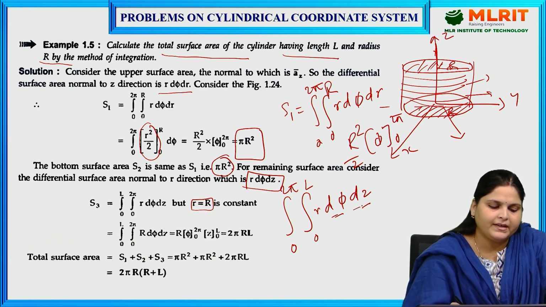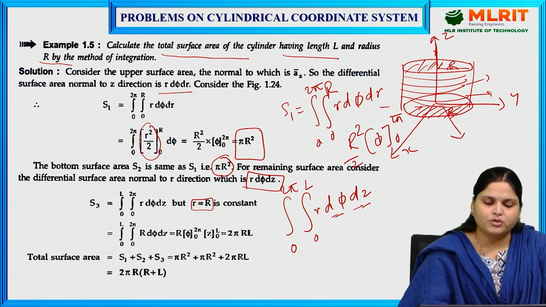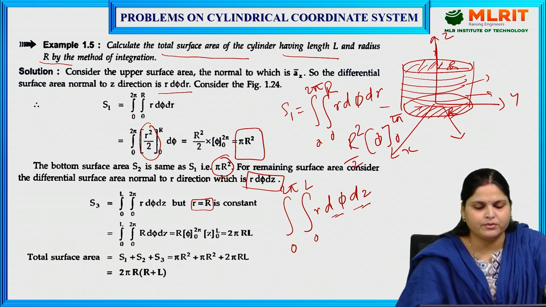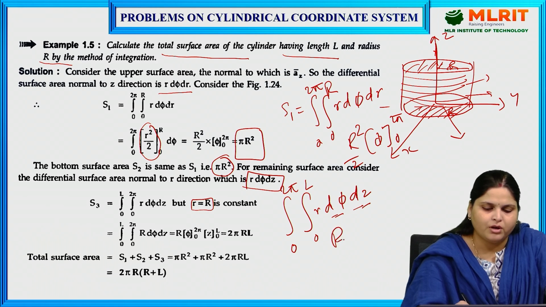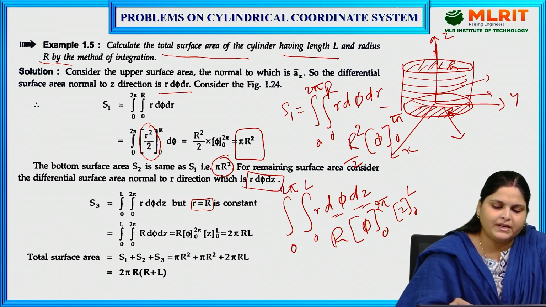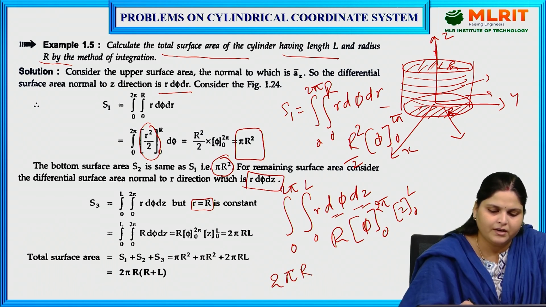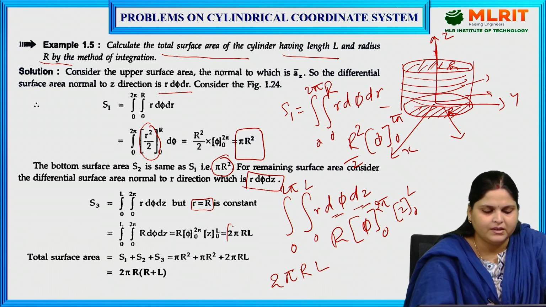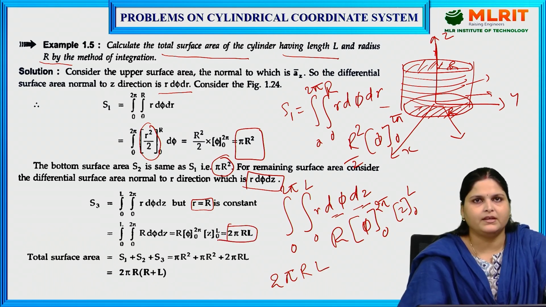We integrate 1 with respect to phi and with respect to z: phi with limits 0 to 2 pi, and z with limits 0 to L. Ultimately we get the formula 2 pi r L. This is for the S3 surface.